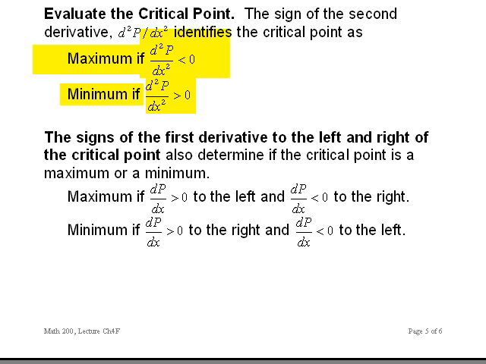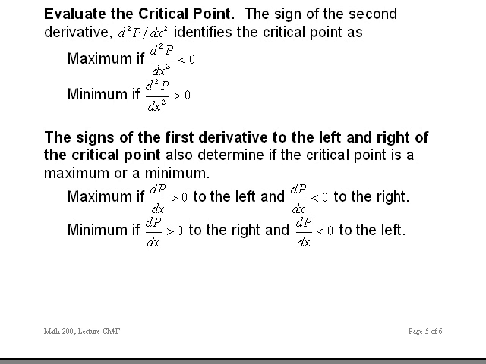There is this other way to evaluate it without taking that second derivative. Maybe you don't want to. Okay, this other way is to look at the signs. Look at how the first derivative behaves as you go from left to right past a critical point.